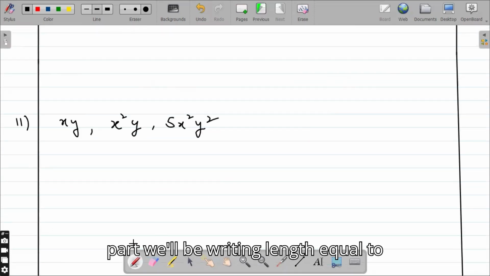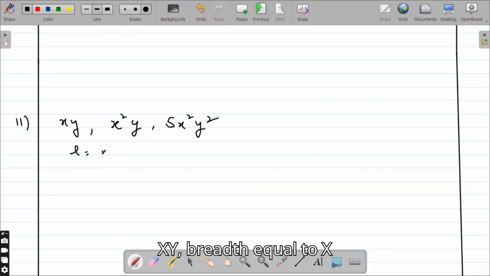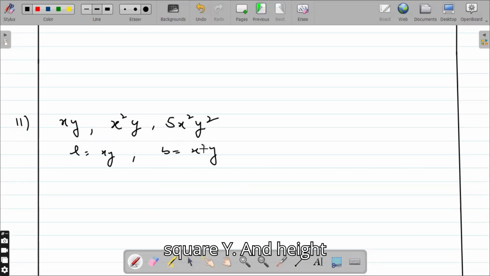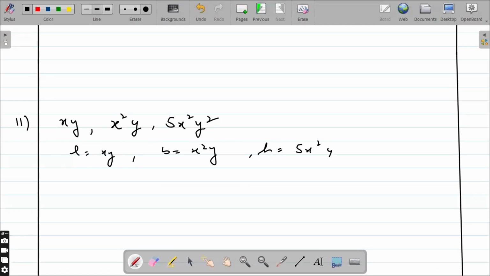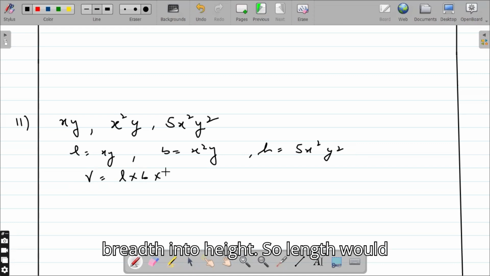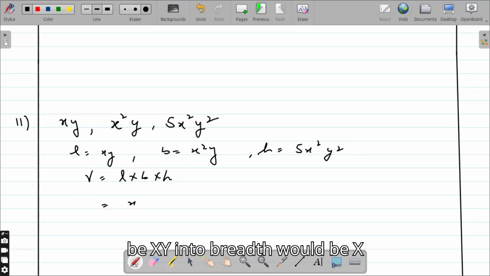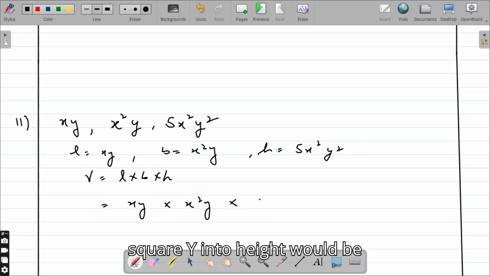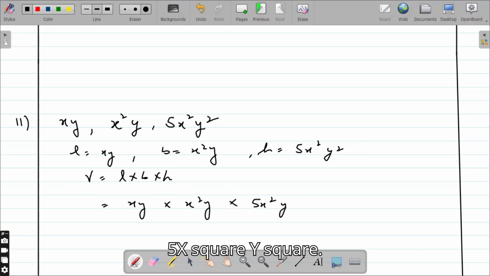Second part, we'll be writing length equal to xy, breadth equal to x square y, and height equal to 5x square y square. So volume will be length into breadth into height. So length would be xy into breadth would be x square y into height would be 5x square y square.